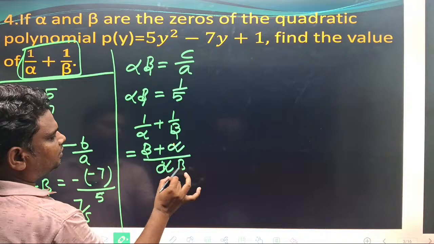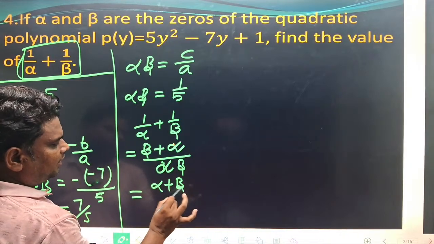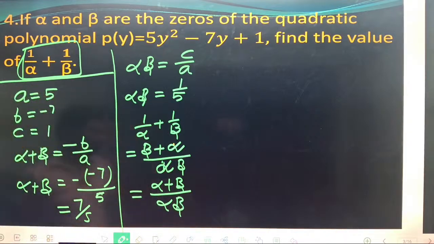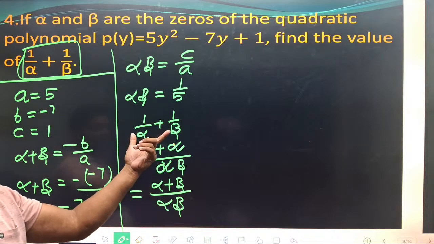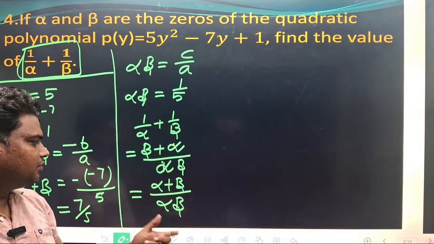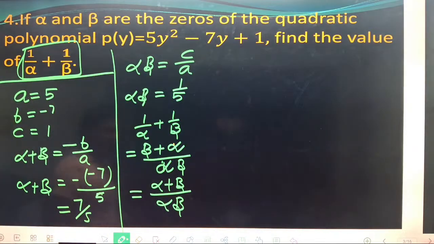Now it is written as alpha plus beta upon alpha into beta. This fraction addition is converted into the sum of zeros and product of zeros.